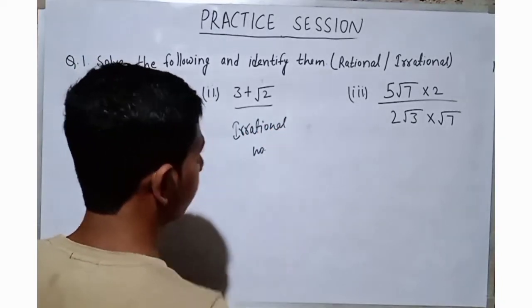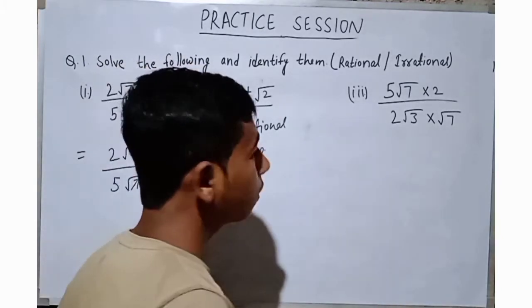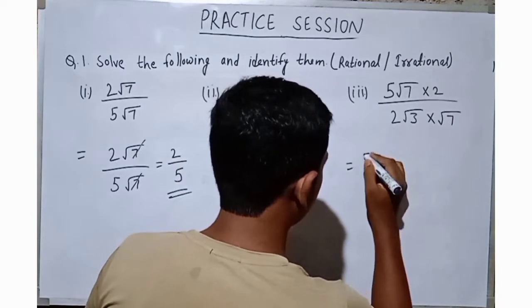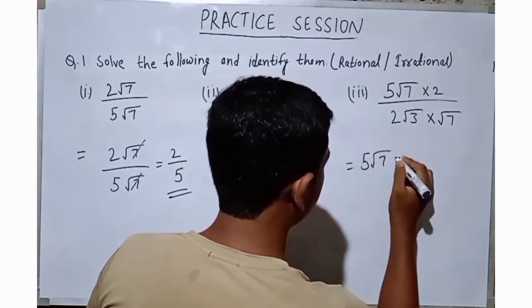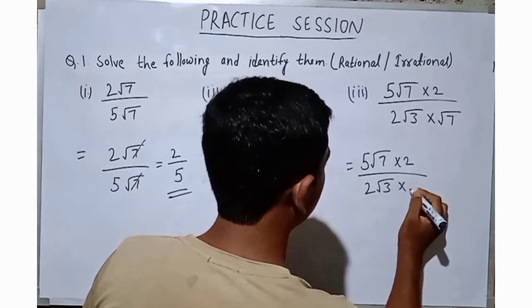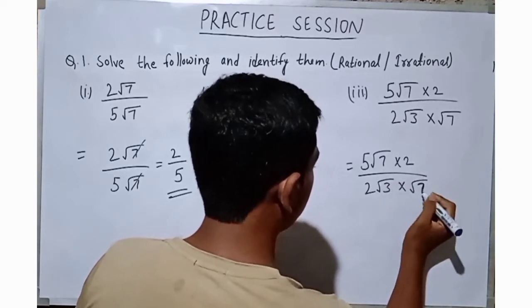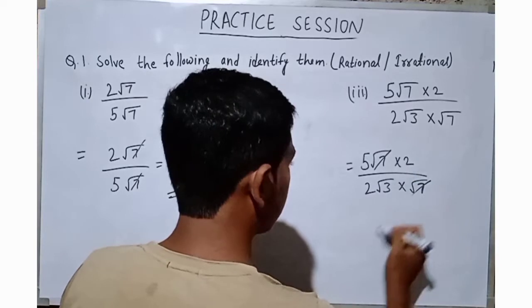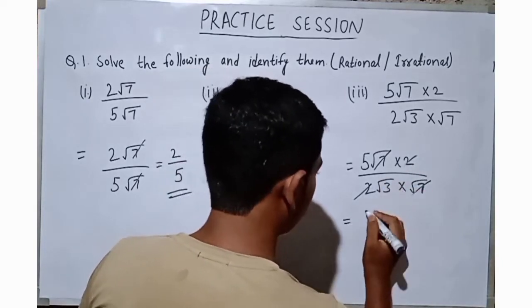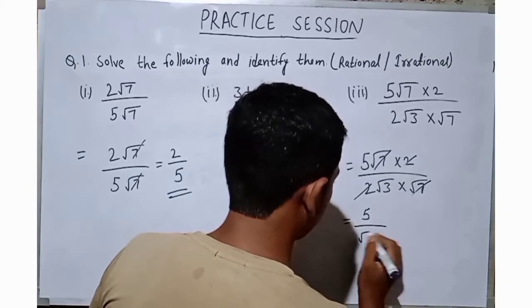The third question is 5 root 7 into 2 by 2 root 3 into root 7. Root 7 and root 7 get cancelled, and 2 and 2 will cut, and here we have 5 by root 3.